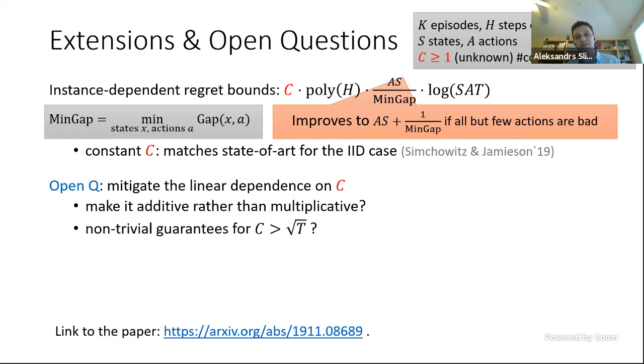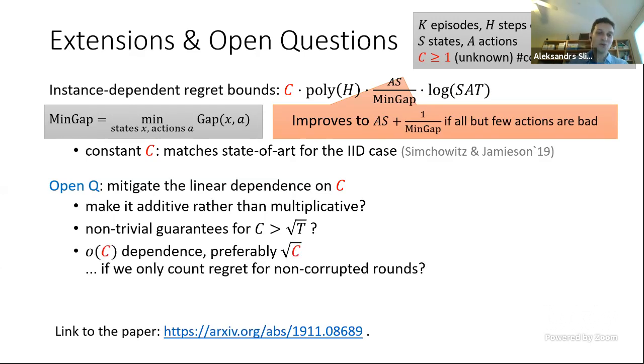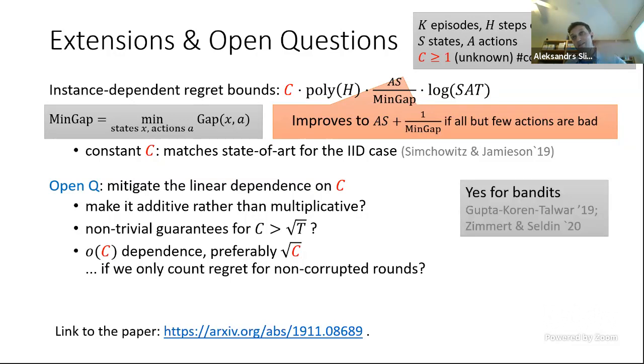Or can we obtain non-trivial guarantees for C greater than root T? Or can we obtain sublinear dependence on C, ideally root of C? And one way to make our lives easier here, which may help, is: what if we only count regret for non-corrupted rounds? The answer to all these questions is yes in the bandit land. So maybe one could do some of that in the RL land, maybe not.